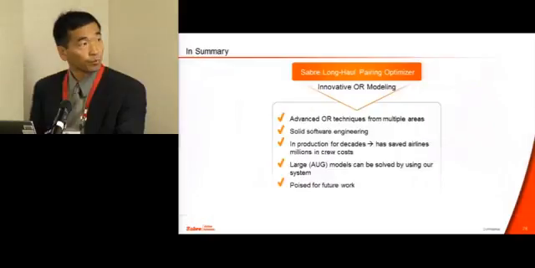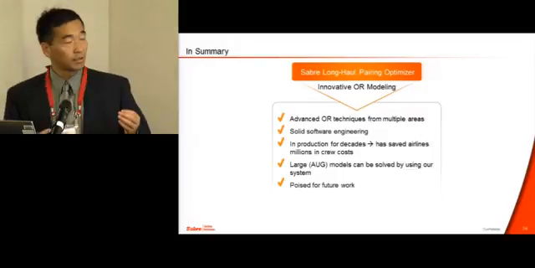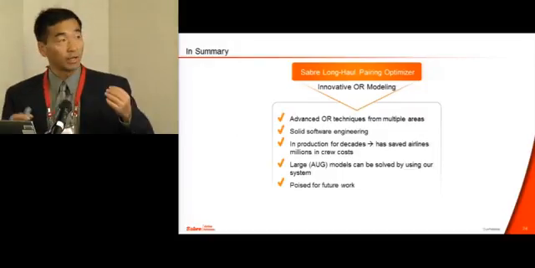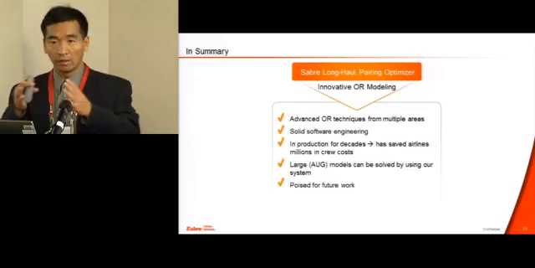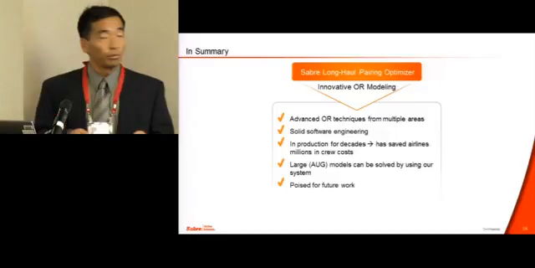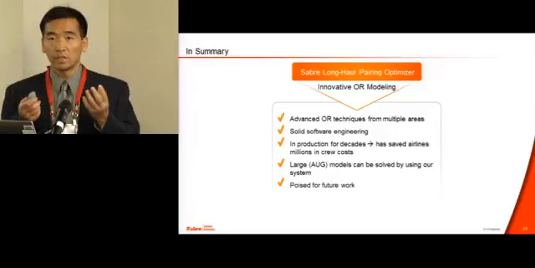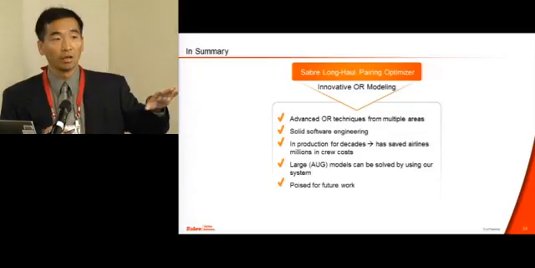So in summary, I think I convinced you that Sabre has an optimizer which uses innovative OR modeling and advanced OR techniques from multiple different disciplines, and we put them into a solid software system, and that system has been in production for decades, helping our customers generate millions in savings.